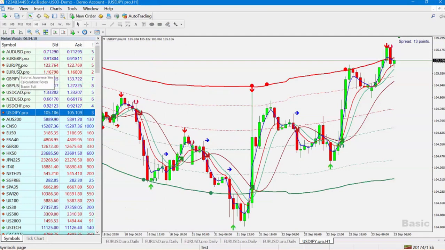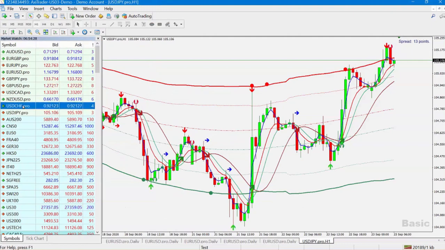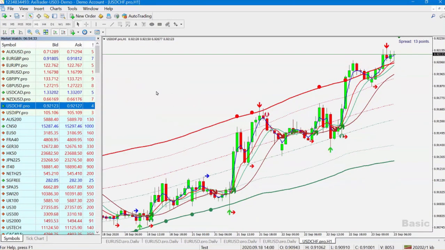Euro USD, Euro pound. Let's take a look at the US Swiss. Okay. Now, if I go to a different layout here, it appears to me, just looking at all these charts, that the dollar is showing a lot of strength right now.